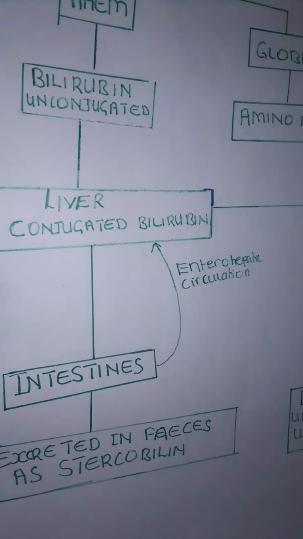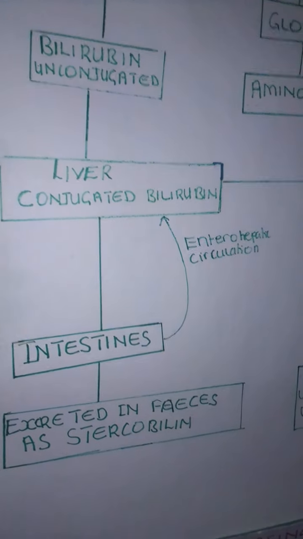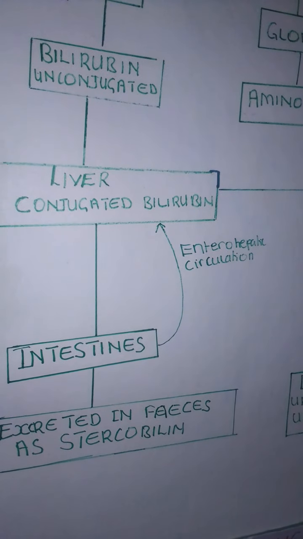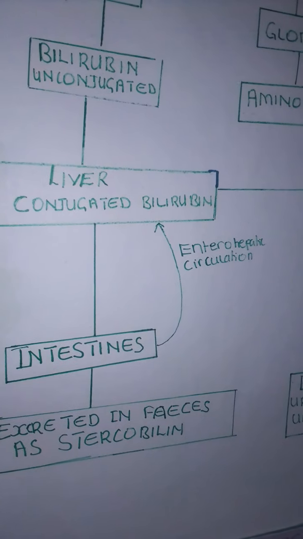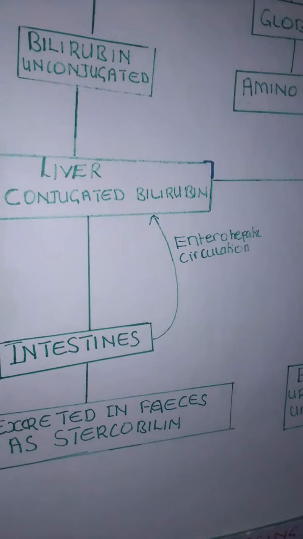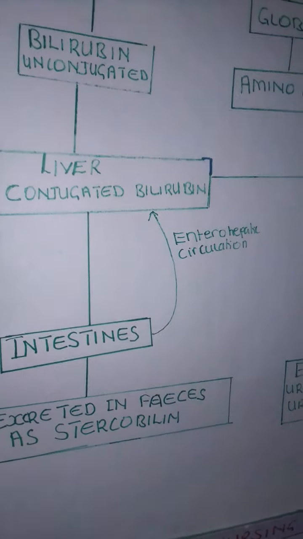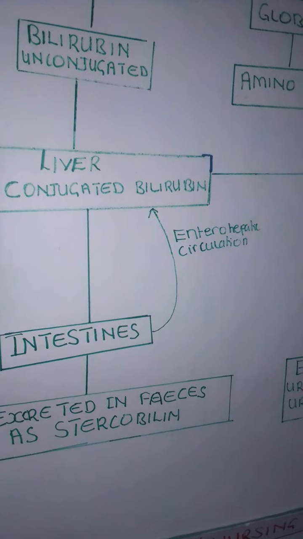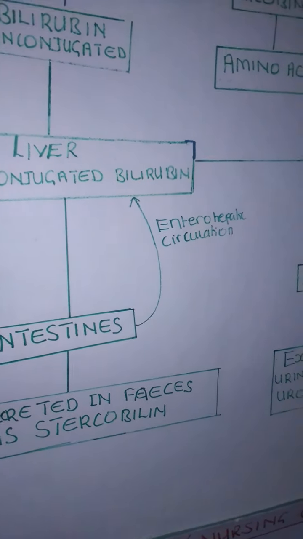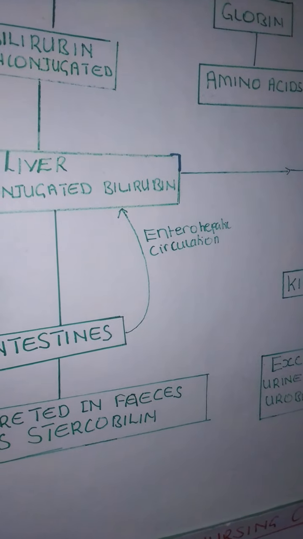When it has become conjugated, it is water soluble. The conjugated bilirubin moves to the intestines, where it is converted to urobilinogen. The urobilinogen is excreted in feces as stercobilin. But some of the urobilinogen will be reabsorbed and taken to the liver.